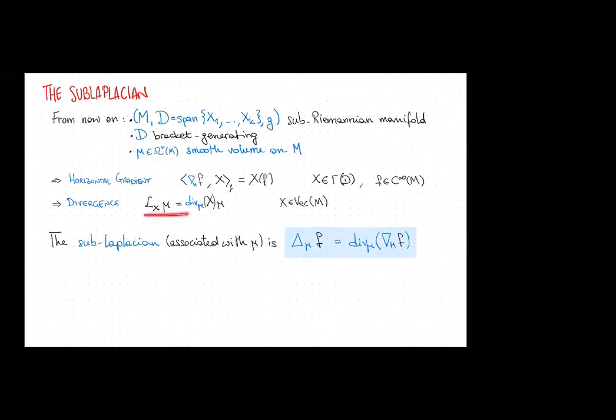We have the divergence that is again defined in terms of the derivative of the volume along the vector fields in our distribution. So it's still the rate of expansion or contraction of our volume when you evolve along that vector field. It's just that it's going to happen on a subset of the vector fields. And the sub-Laplacian then is just the divergence of the gradient.